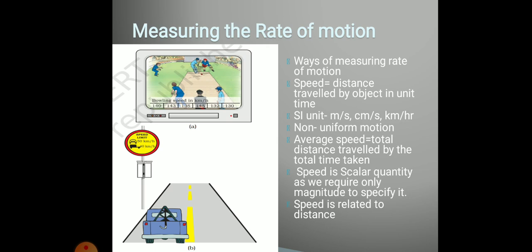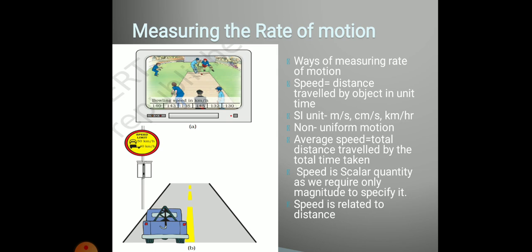Now, let us consider these two situations. If the bowling speed is 143 km per hour, what does it mean? What do you understand from the signboard in the other picture?